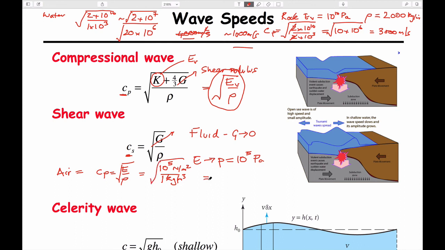And if we look at what the magnitude of that would be, this would be 10 times 10 to the 4, which is the same as square root would be 300, which is about right.